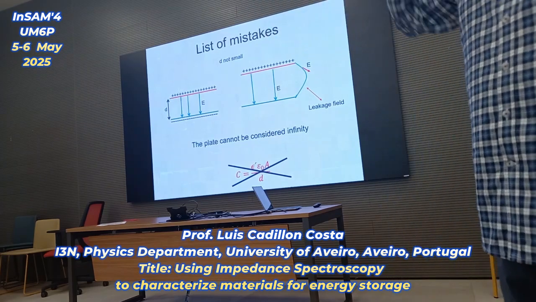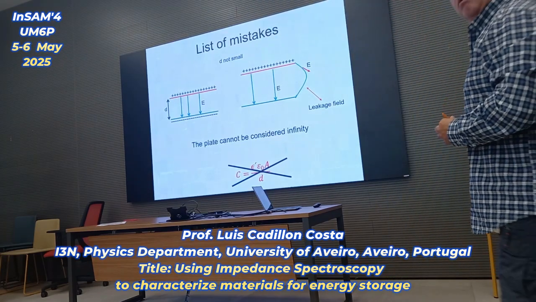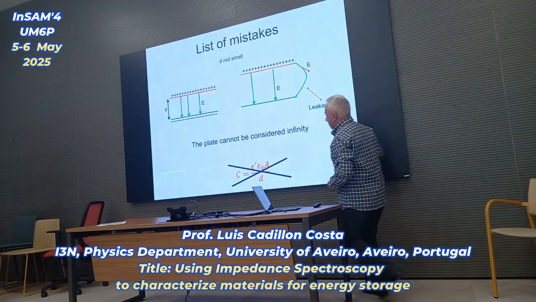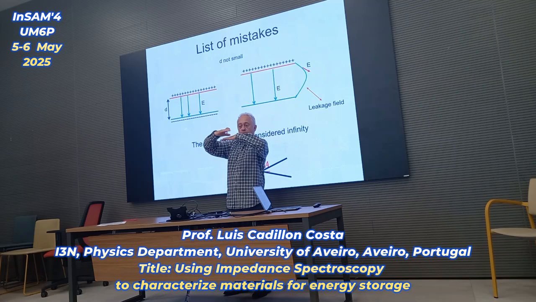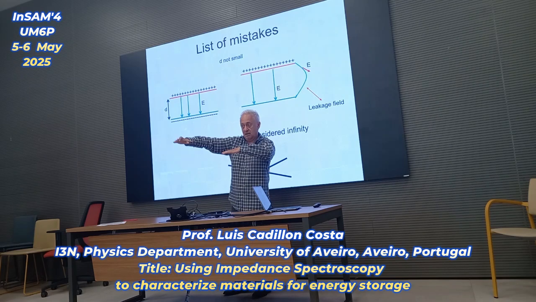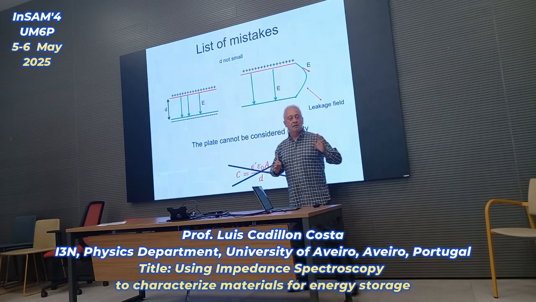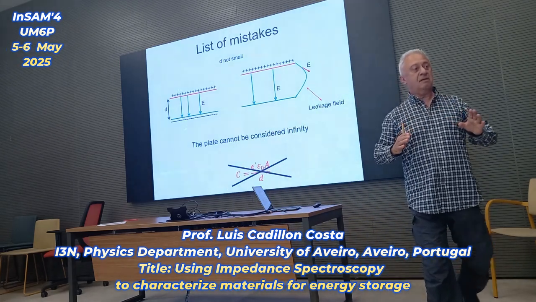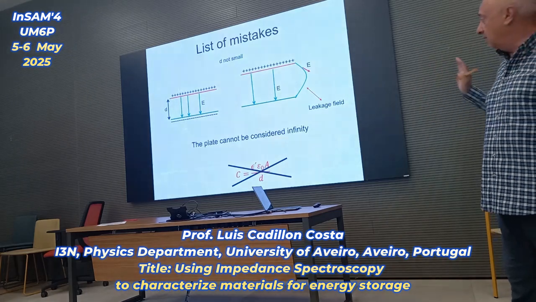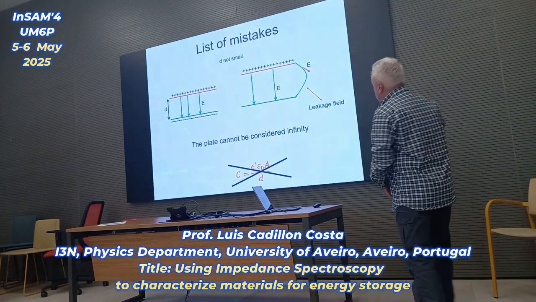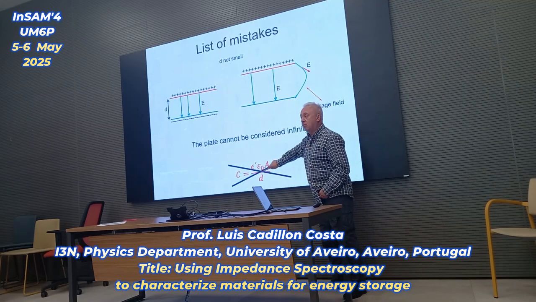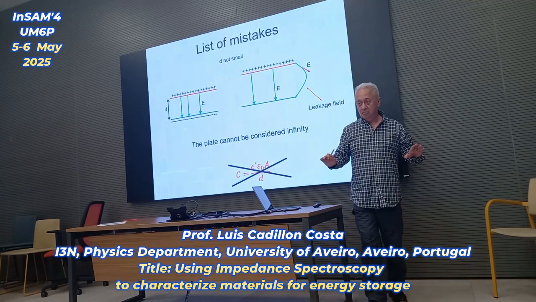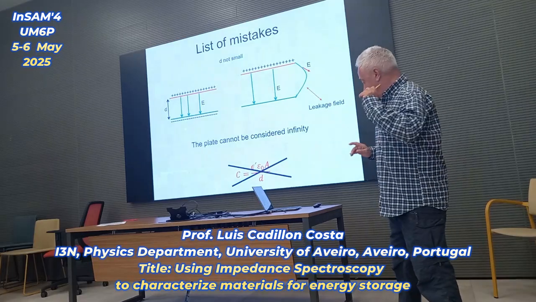But I can imagine it's infinite if D is very small compared with the surface of the plate. Then I can say this is a parallel plate capacitor, almost infinite, and it works. But if this is not true, we have a leakage field here, and the formula is no longer valid. So it doesn't work.